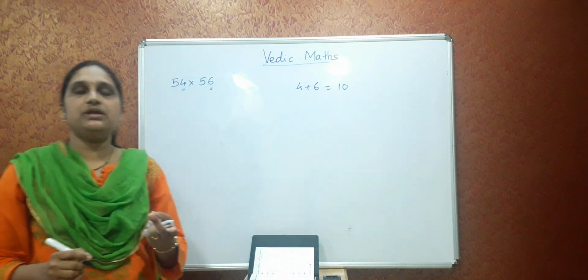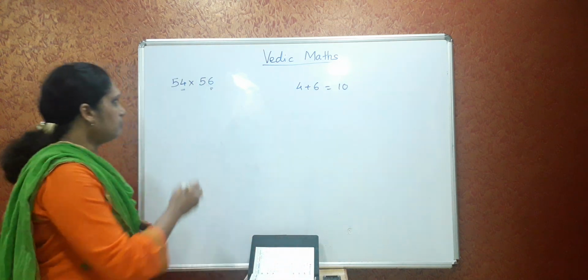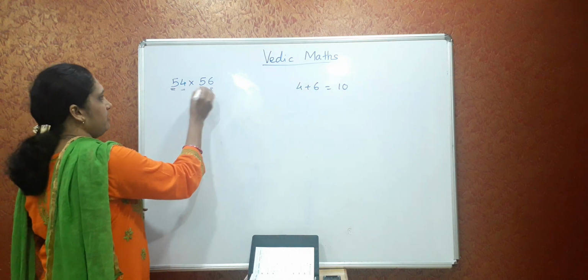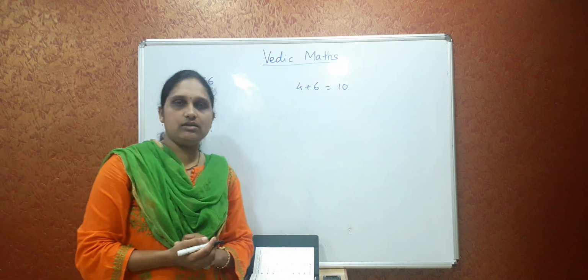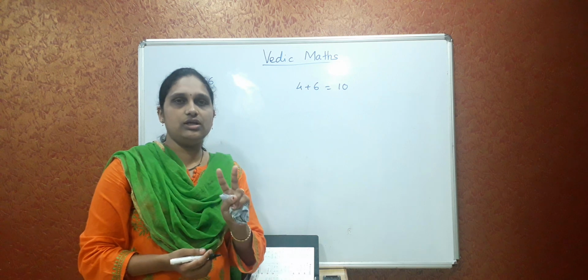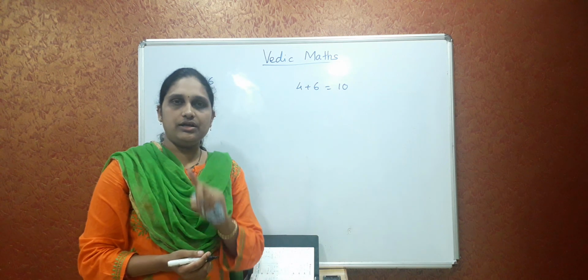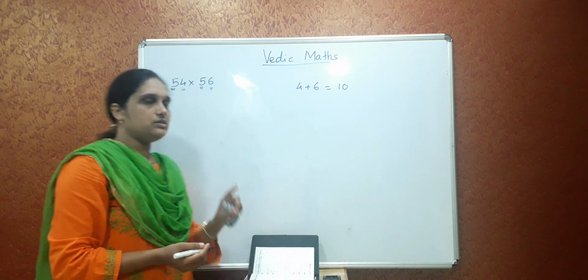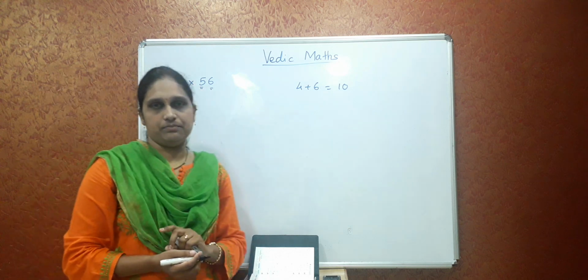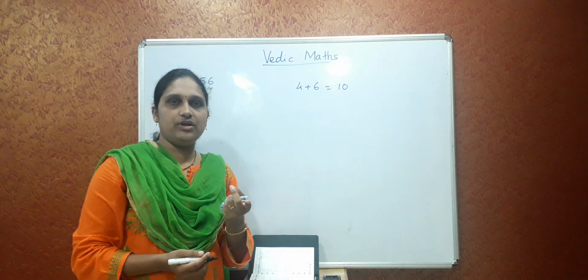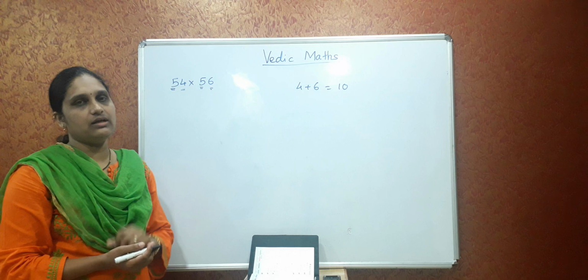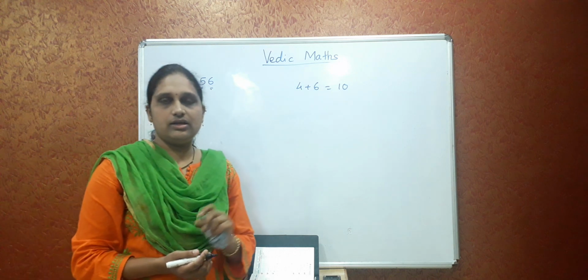And the tens place should be the same. The tens place has 5 and 5, so the same number is there in the tens place. So two conditions: units place addition should be 10 and the tens place number should be the same. If the two conditions are fulfilled, then you can use this method and within a second you can get the answer.